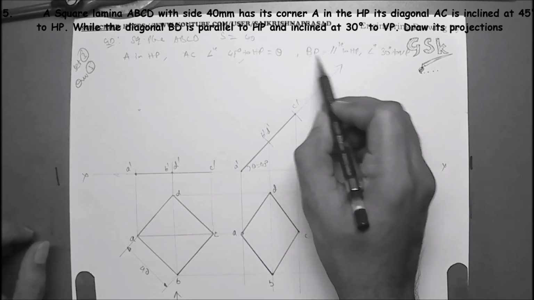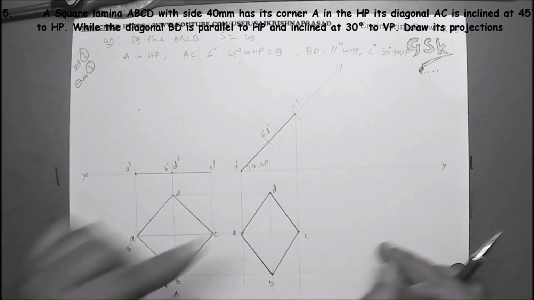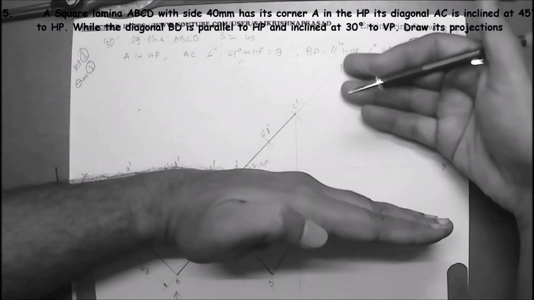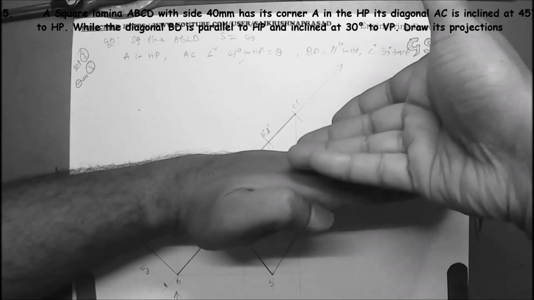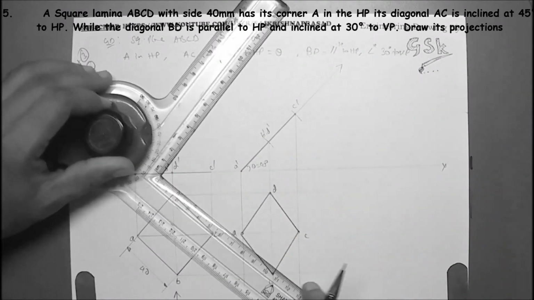Next we are going for BD parallel to HP and 30 degrees inclined to the VP. Now we are making this BD diagonal 30 degrees inclined to the VP, means this is the VP, this is the HP, like this. So your plane is making 30 degrees to the VP. So let's draw an array of 30 degrees.